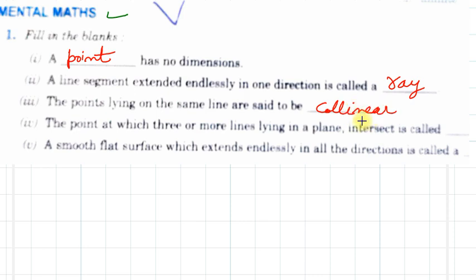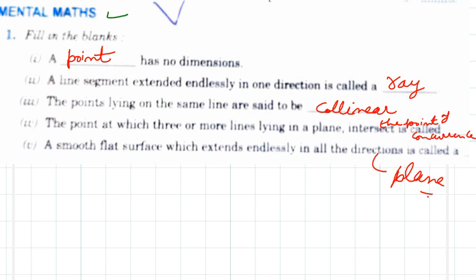The point at which three or more lines lying in a plane intersect is called the point of concurrence. A smooth flat surface which extends endlessly in all directions is called a plane, as I have told you earlier.